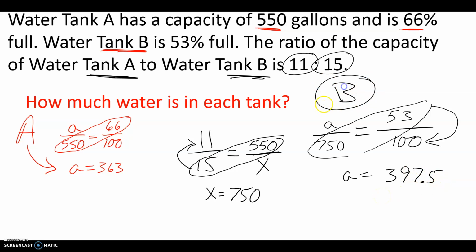So tank B has 397.5 and tank A has 363 gallons. That's how much water is in each tank. All right, go ahead and get started on homework number 605 in Big Ideas.